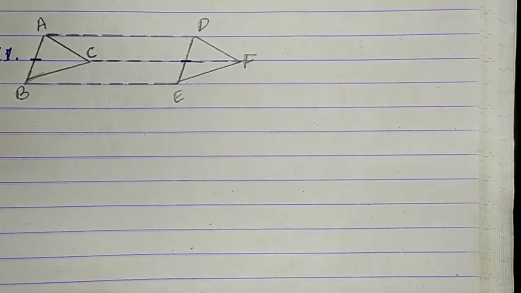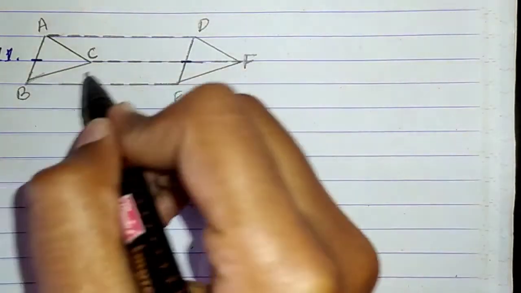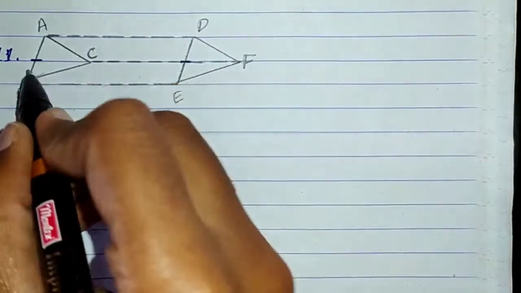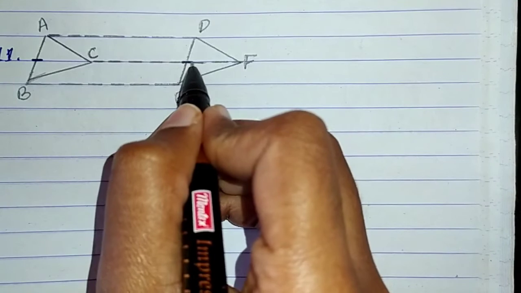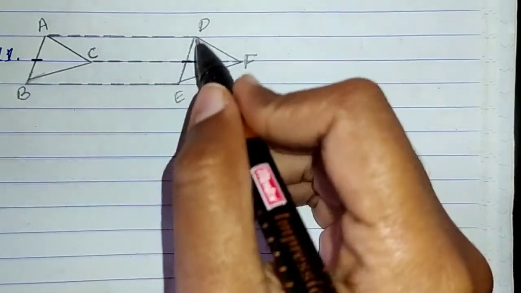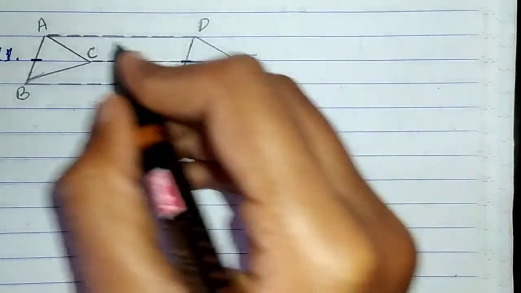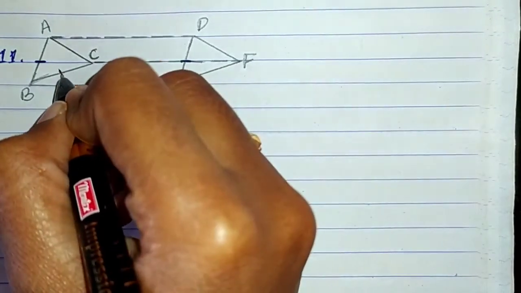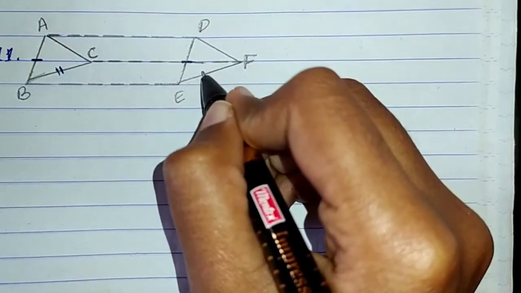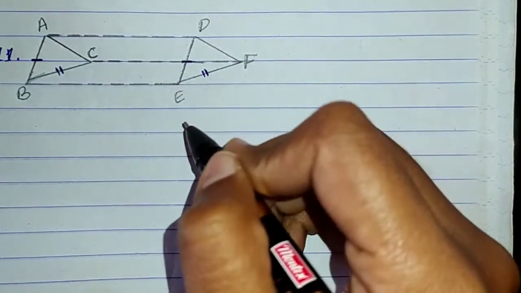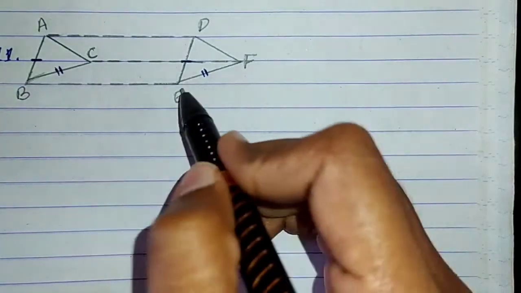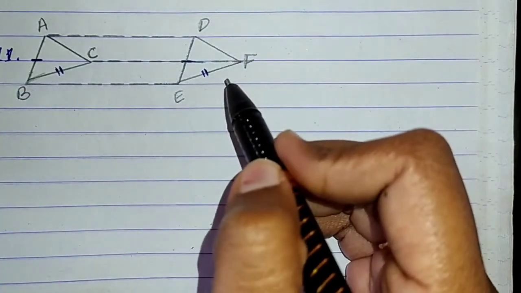In the 11th question, in triangle ABC and triangle DEF, AB is equal to DE and AB is parallel to DE. BC is equal to EF and BC is parallel to EF.